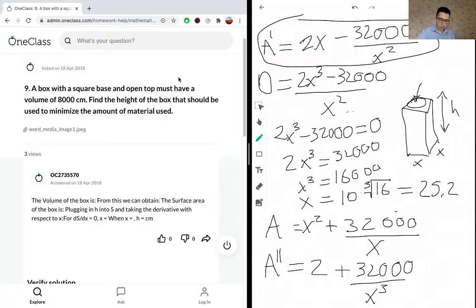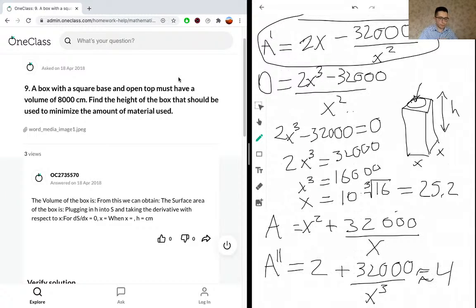If we substitute 25.2 into x here, we can plug this into our calculator. So we have 2 plus 32,000 divided by 25.2 to the power of 3. We'll get approximately 4.